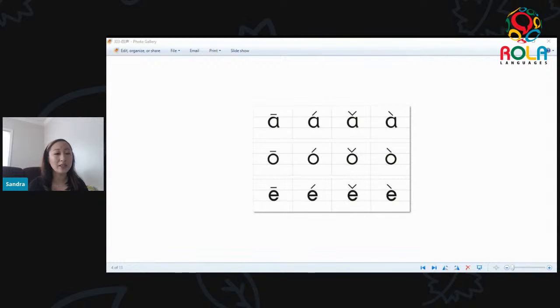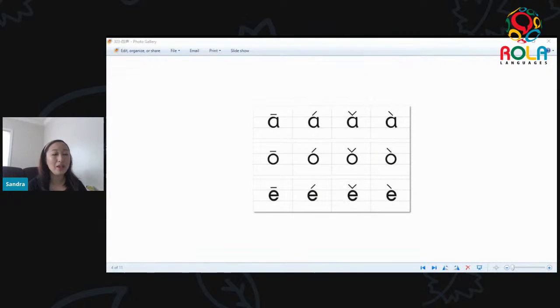The high rise tone goes like this: ah, like you're prepping yourself to sing a song, prepping your vocal cords. And the second tone, we also call the rising tone. It goes like ah, like you're expressing your surprise or your shock. And if it helps, do the hand thing.